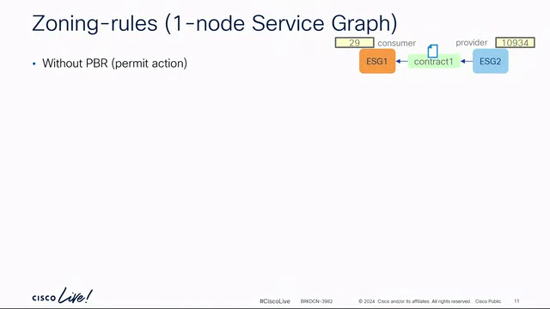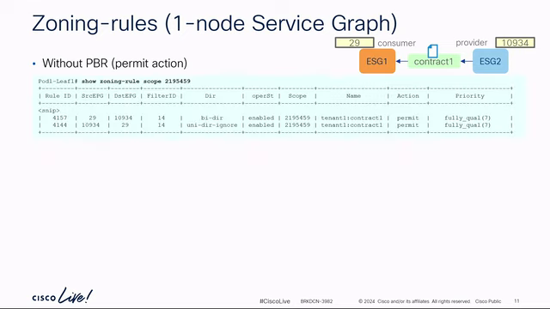Let's start with zoning rule. Imagine you have a permit contract between one consumer and one provider. Each EPG, ESG has a unique identifier that is called class ID or pcTag. It's not something you allocate; APIC allocates it dynamically.